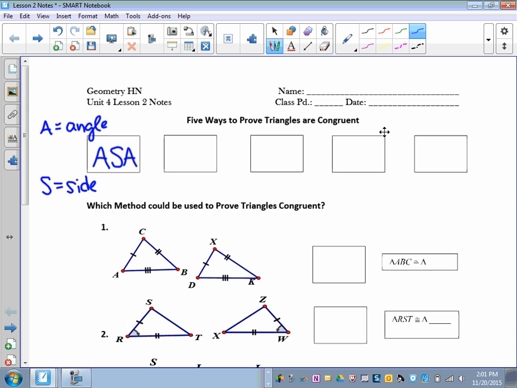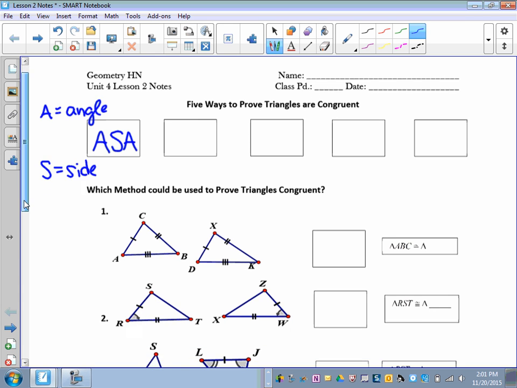So angle side angle. What this means is that for 2 triangles, I have corresponding angles congruent, another corresponding angle congruent, and the side that's in between them is also congruent. So it must be 2 angles and the side in between them. So let's see if we can find one of those down below.